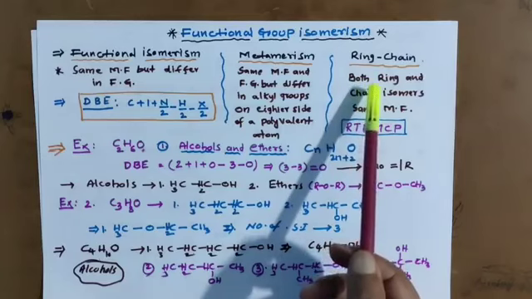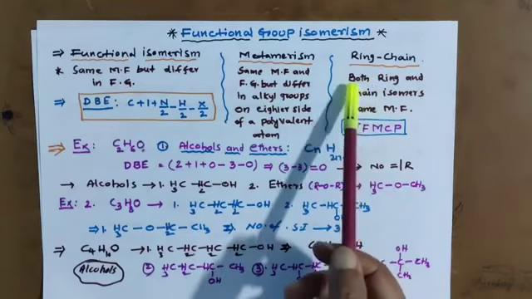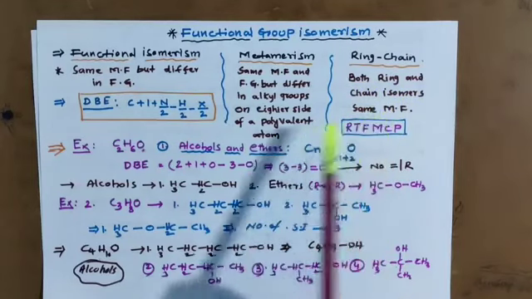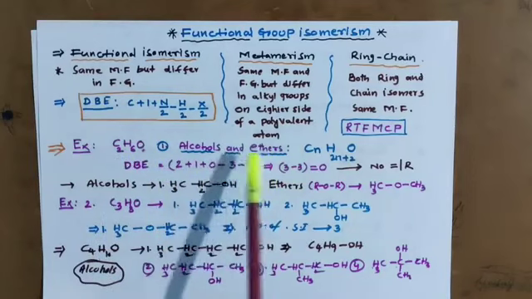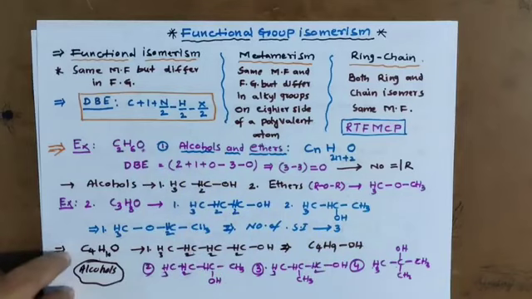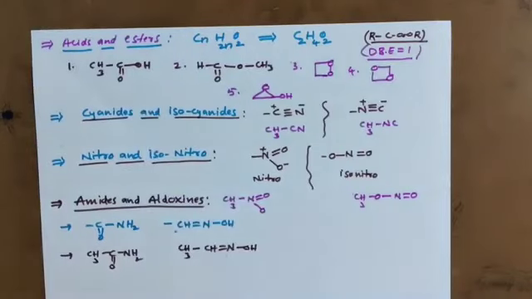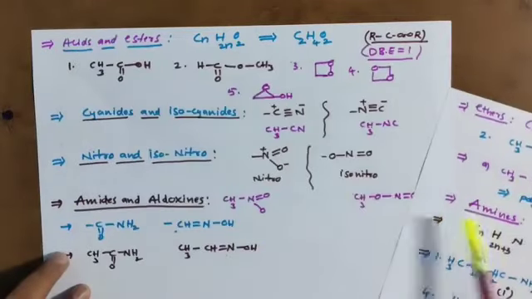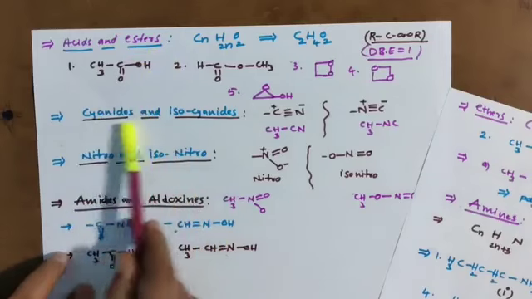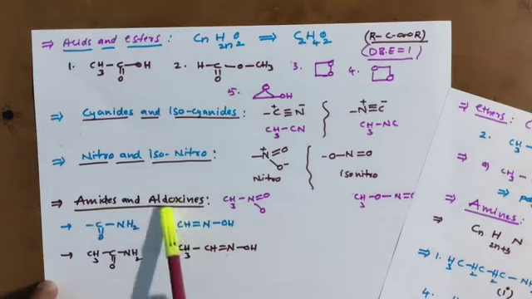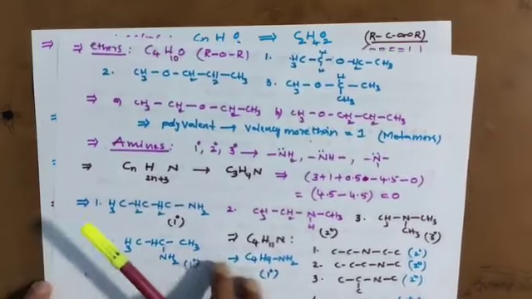In ring chain, same molecular formula, but the compound can exhibit chain isomerism as well as ring isomerism. Alcohols and phenols, alcohols and ethers, amines, acids and esters, cyanide isocyanide, nitro isonitro, amides and aldoximes can exhibit this type of isomerism.